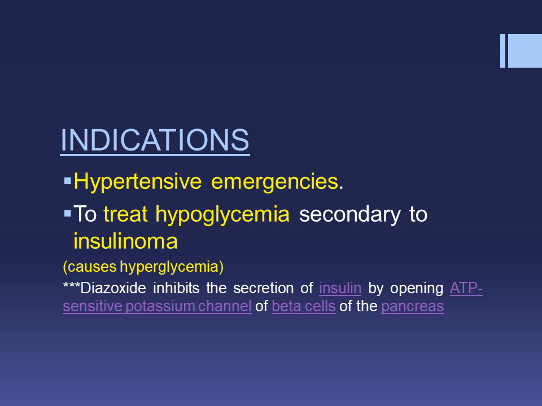As we'll be discussing in endocrine pharmacology, the release of insulin is dependent upon the ATP sensitive potassium channel. So diazoxide is causing hyperglycemia overall. So you have to give diazoxide with caution in a patient with diabetes mellitus. So this is one of its cautions.